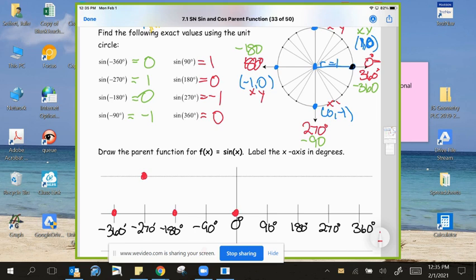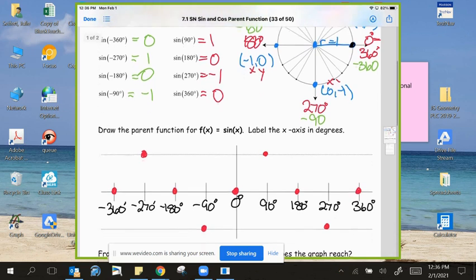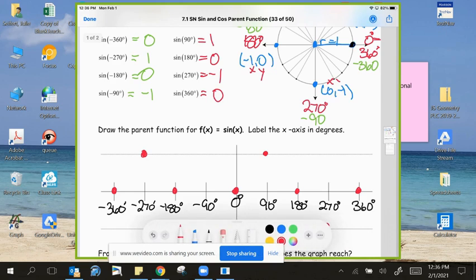Sine of 0 is 0. Sine of 90 is 1. Sine of 180 is 0. Sine of 270 is negative 1. And sine of 360 is 0. All of that from those points up above.